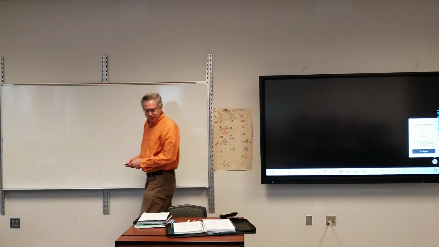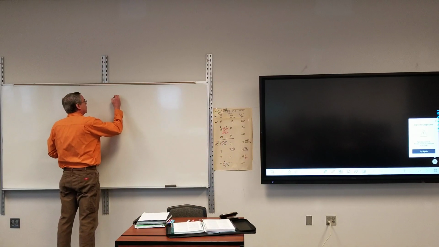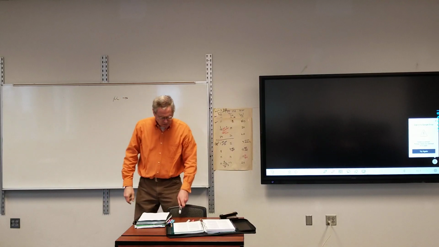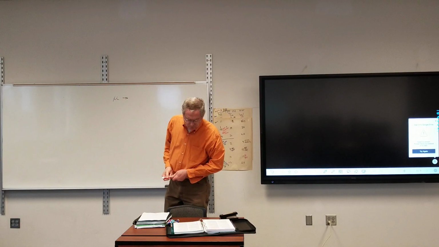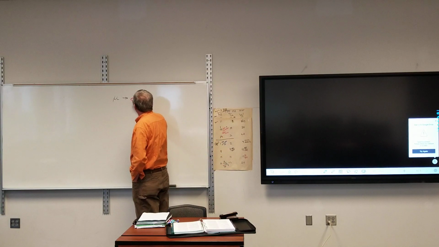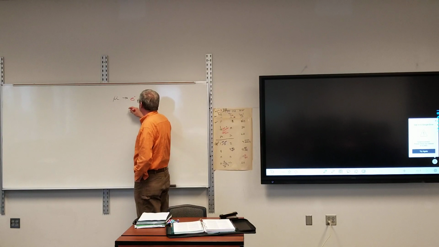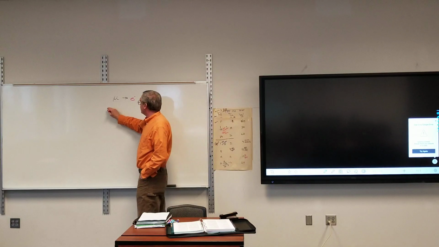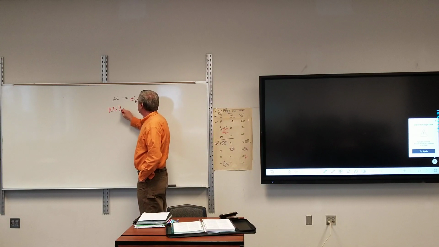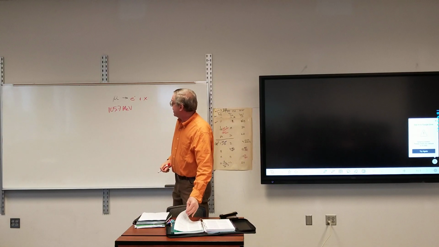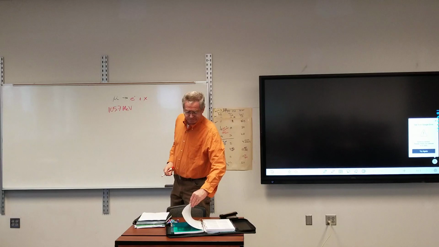So we have a muon decaying into an electron plus some massless particle, and we have an energy of 105.7 MeV. What does MeV stand for? Mega electron volts. Okay.